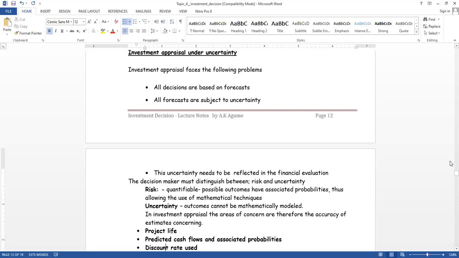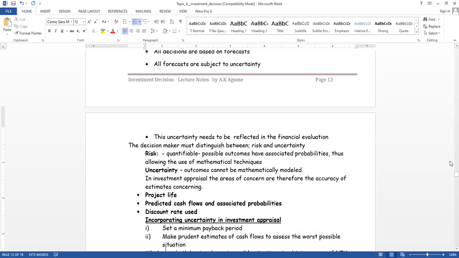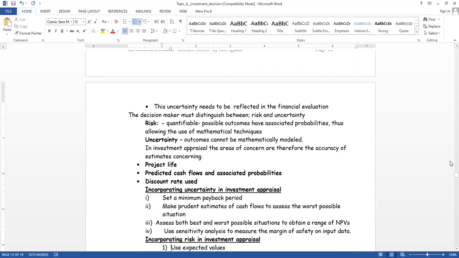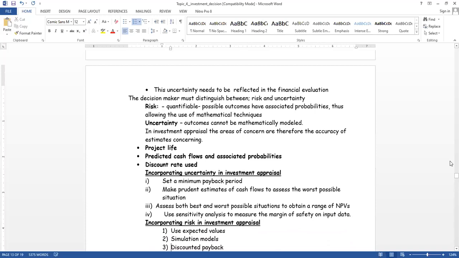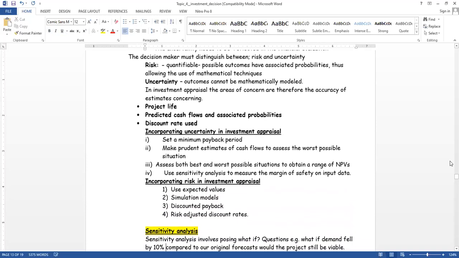But for uncertainty, it is a little bit different. Because the outcomes, you cannot mathematically model them. And of course, there are different ways of how you can incorporate the two.